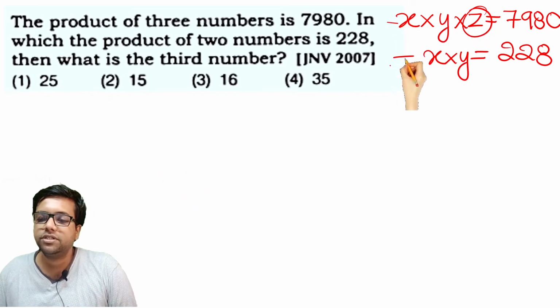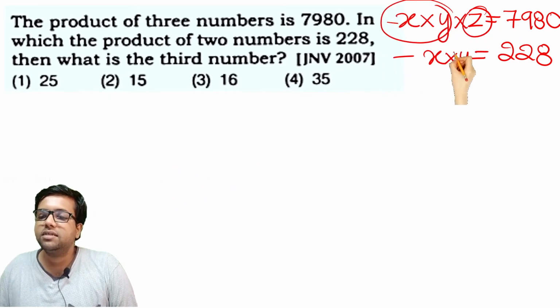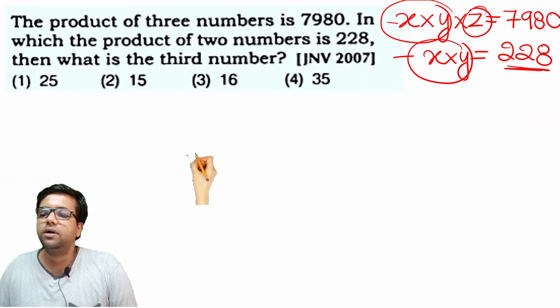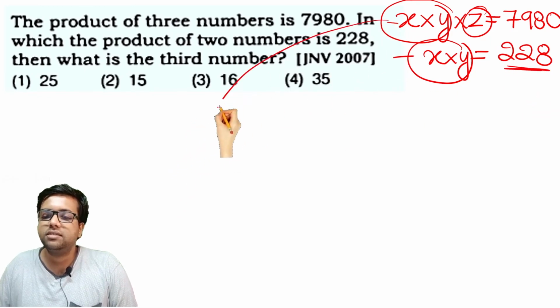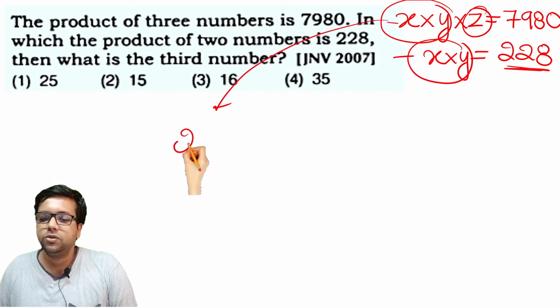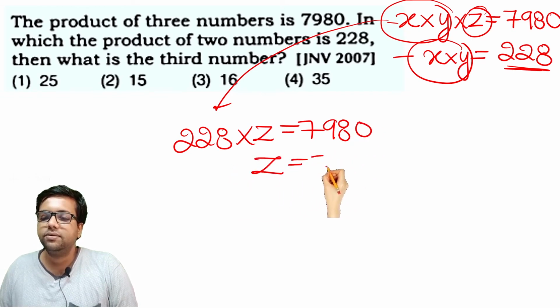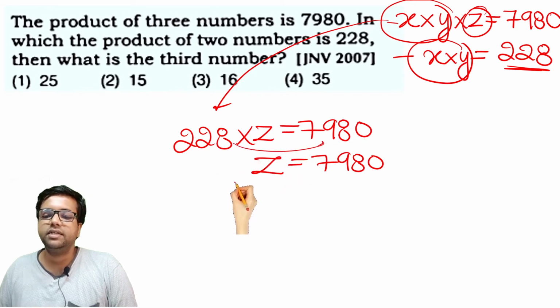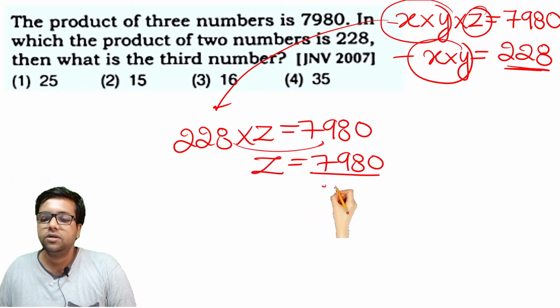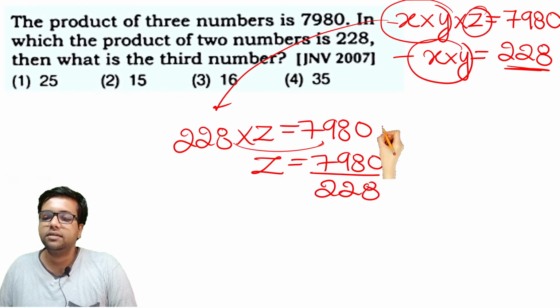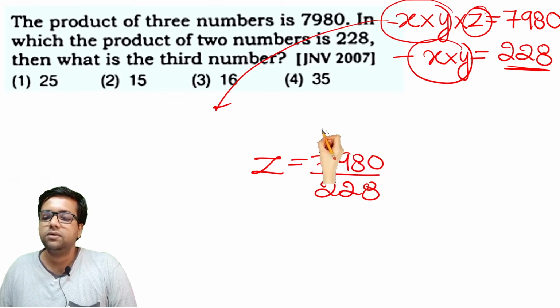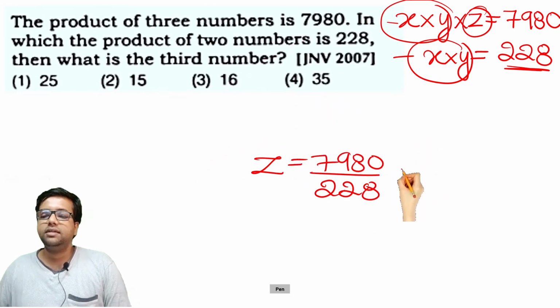Using these 2 equations, I can replace x and y with 228. So I write 228 into z is equal to 7980, or z is equal to 7980 by 228.